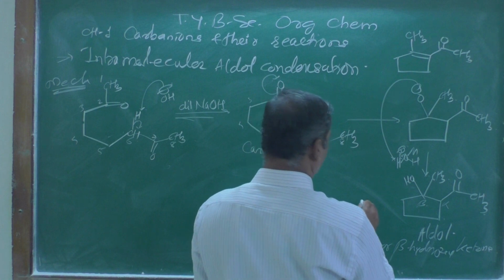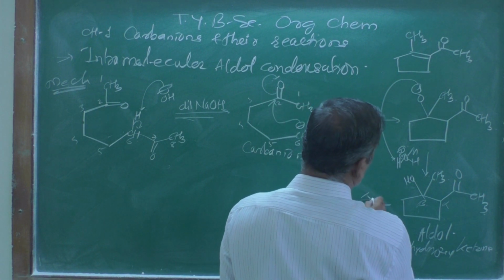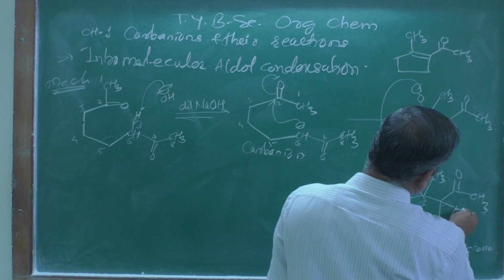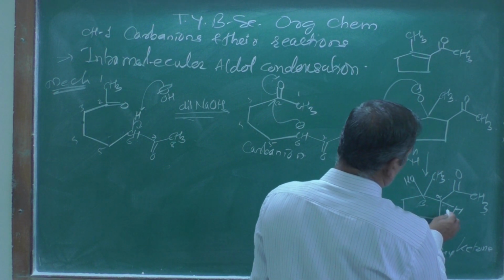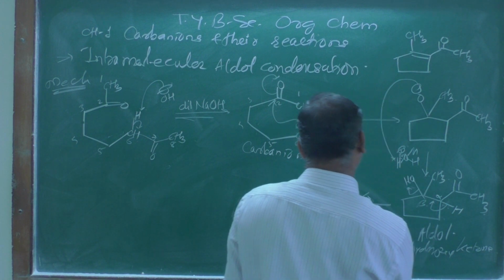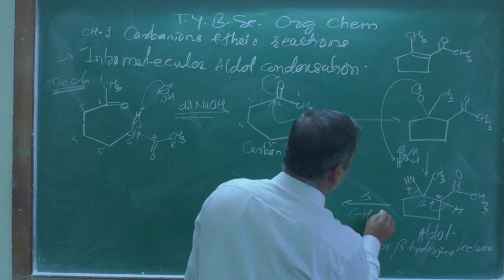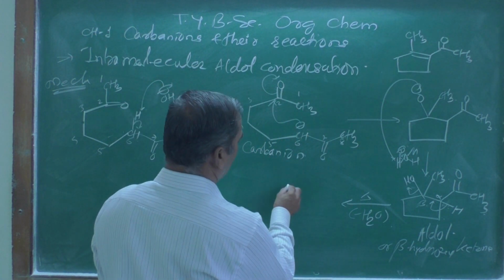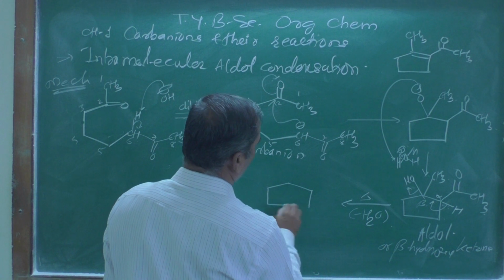And after that just heat it, and after heating, look here, one of the hydrogens at the alpha position gets evolved like this, and there is an elimination of a water molecule, giving the alpha beta unsaturated compound over here.